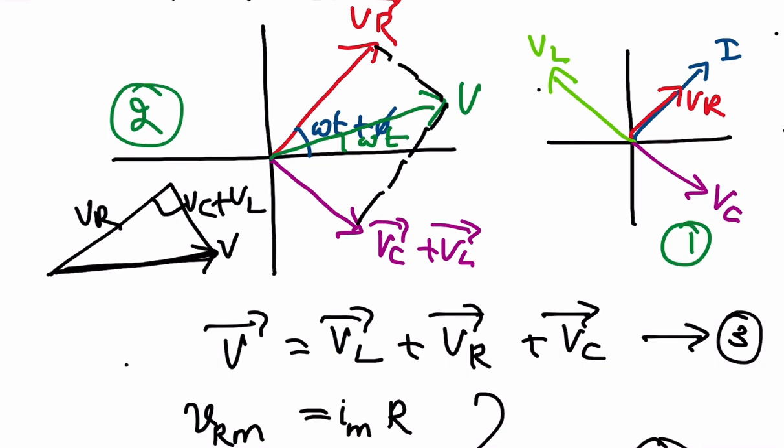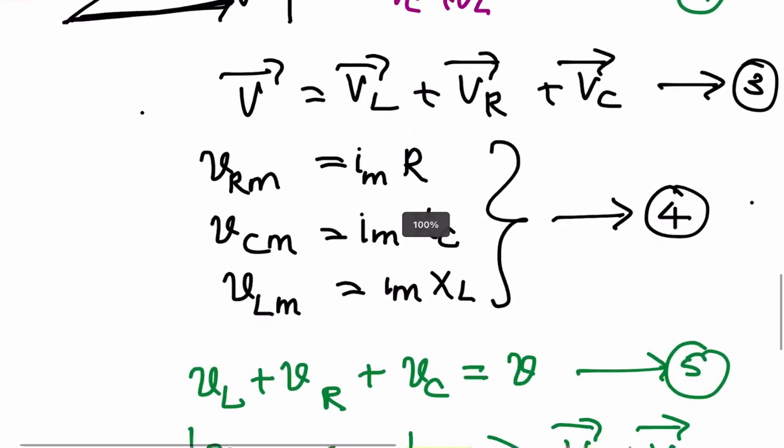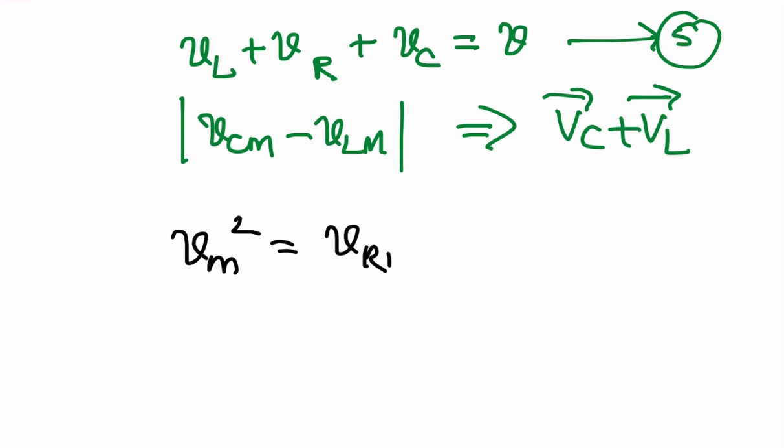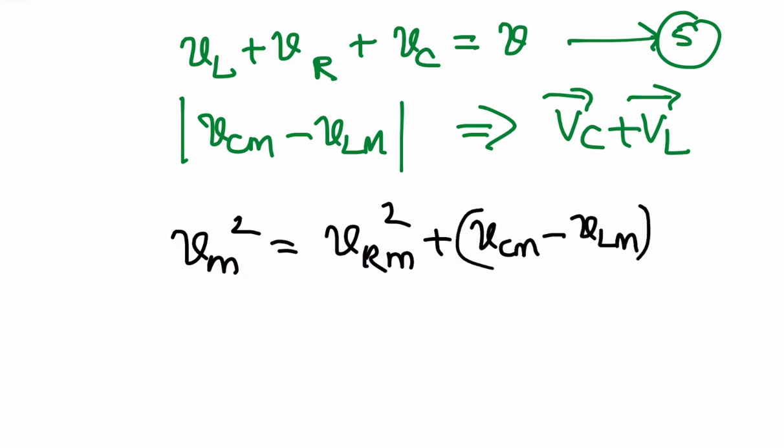So with that I will write now, that is Vm square is equal to Vrm square plus VCm minus VLm whole square. Let it be equation number 6.